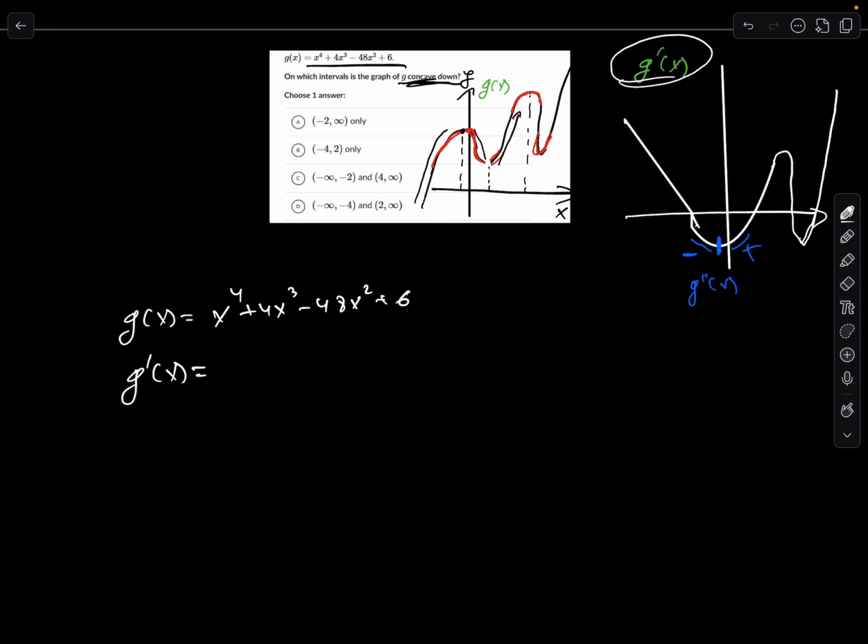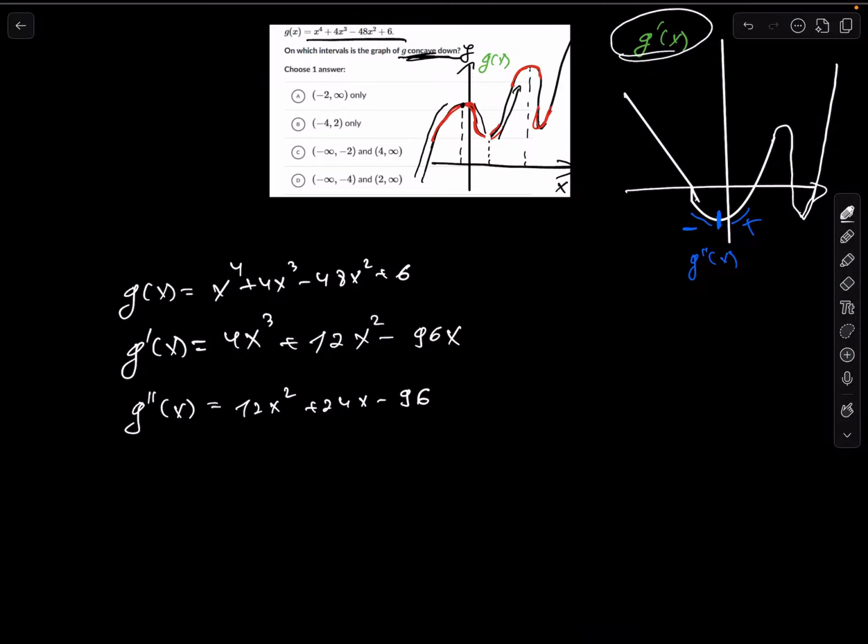The first derivative is going to be equal to 4x cubed plus 12x squared minus 96x. The second derivative is going to be equal to 12x squared plus 24x minus 96.